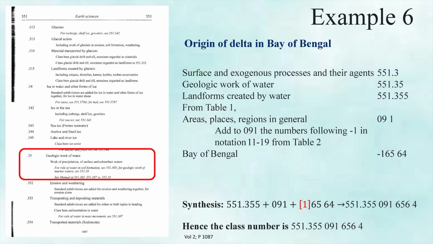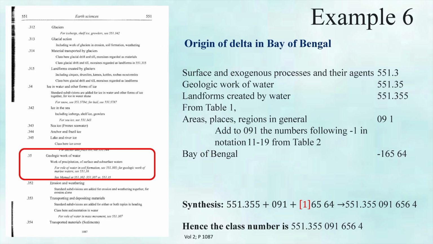But we have to add the number for Bay of Bengal. First, you have to know that the Bay of Bengal is not under the geographic jurisdiction of any particular country. Any mountain or any sea or ocean does not come under any particular country or continent. So, Bay of Bengal comes under the general portion of table 2, that is for geographic location, from 11 to 19.